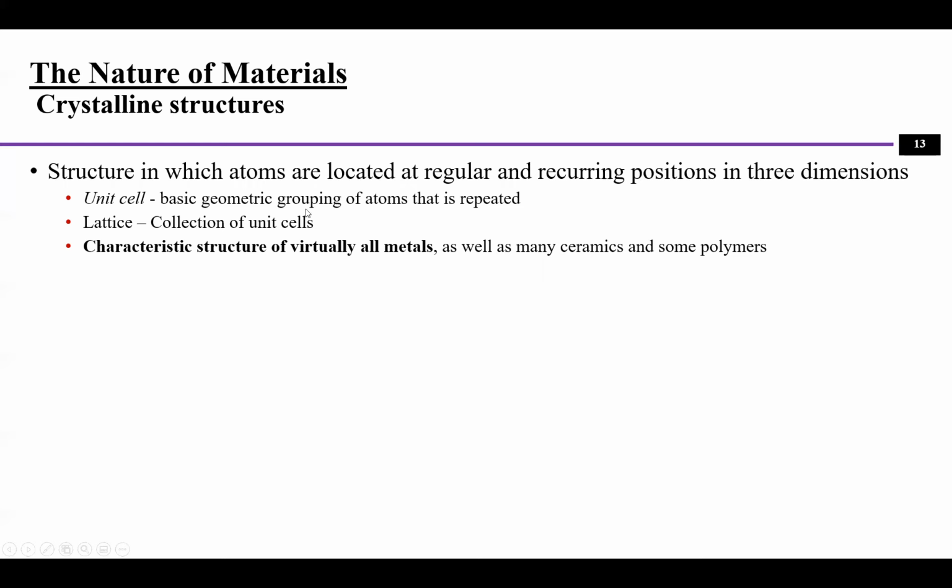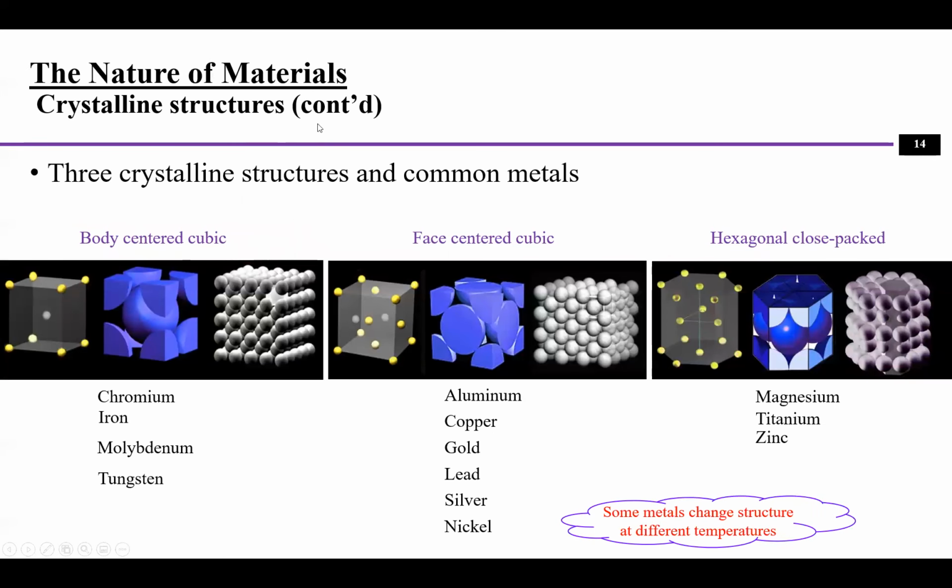It's the basic geometric grouping of atoms that is repeated, right? And the collection of all these unit cells is a lattice. Typically all metals have crystalline structures. And here are the three typical crystalline structures for common metals.